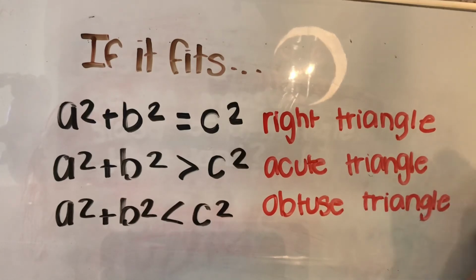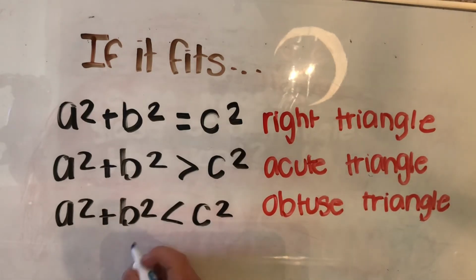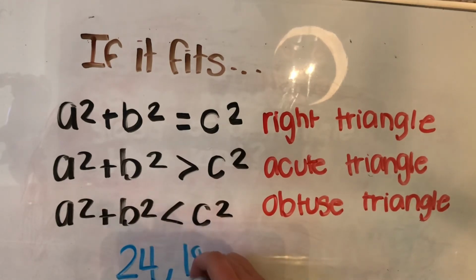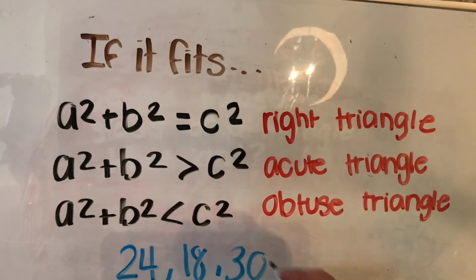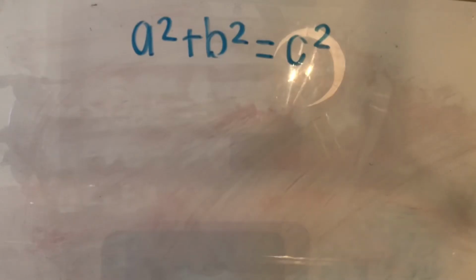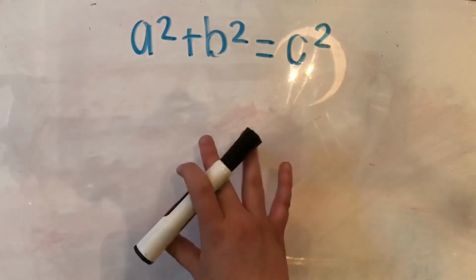And remember, we were given the measures 24, 18, and 30. So let's see if it fits any of these. So we have a squared plus b squared is equal to c squared. And we don't necessarily know that it's going to equal it.